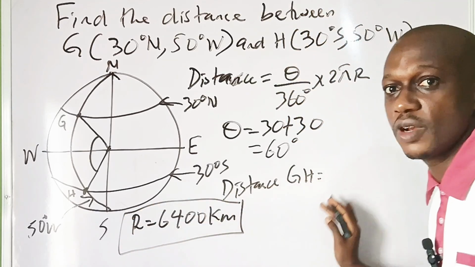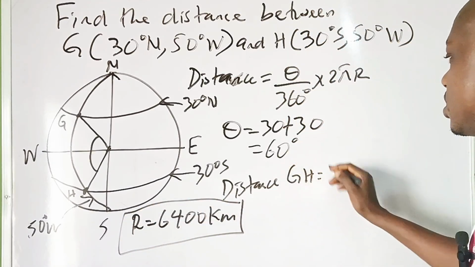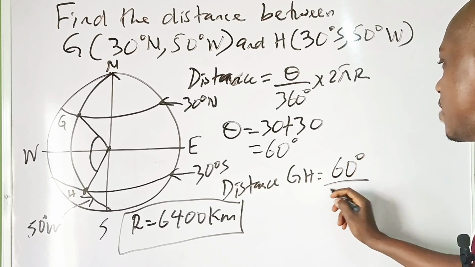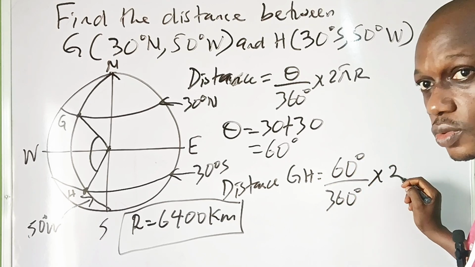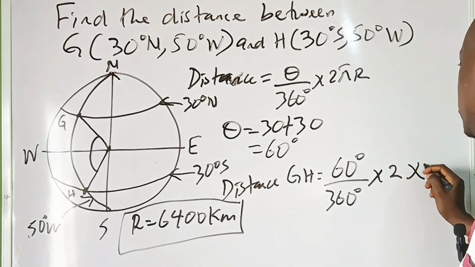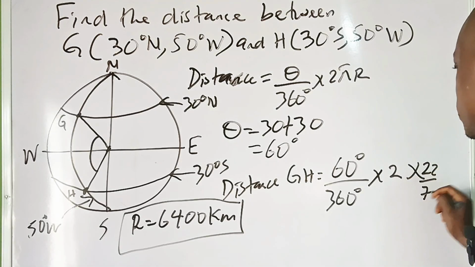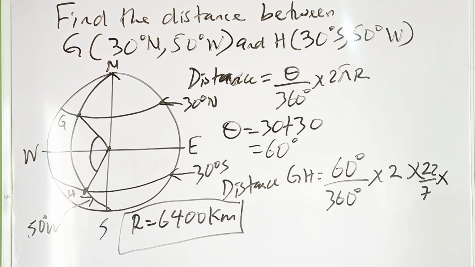So putting that into the formula here, we have theta, which is 60 degrees, divided by 360, multiplied by 2, multiplied by 22 over 7, multiplied by our R, which is 6,400 kilometers.